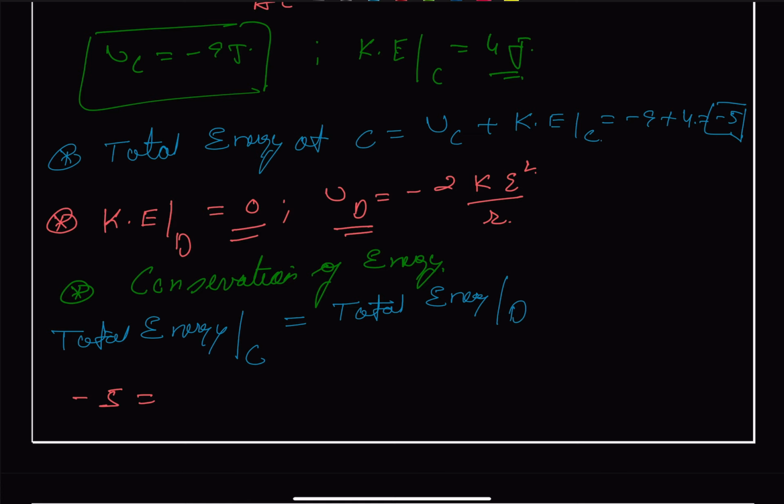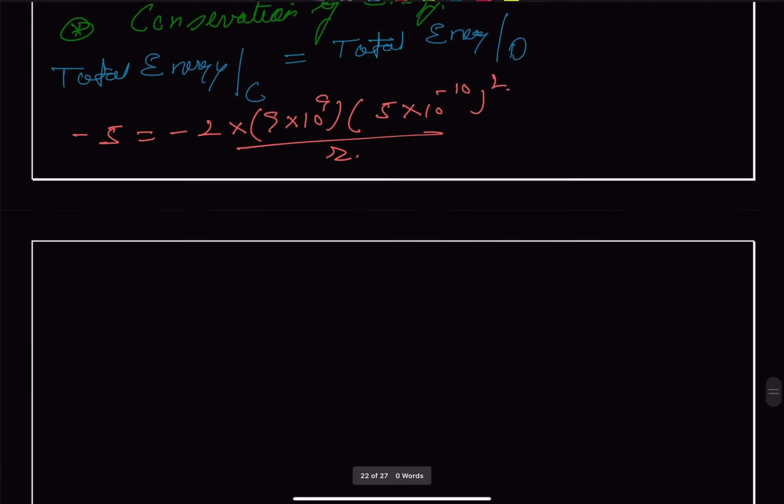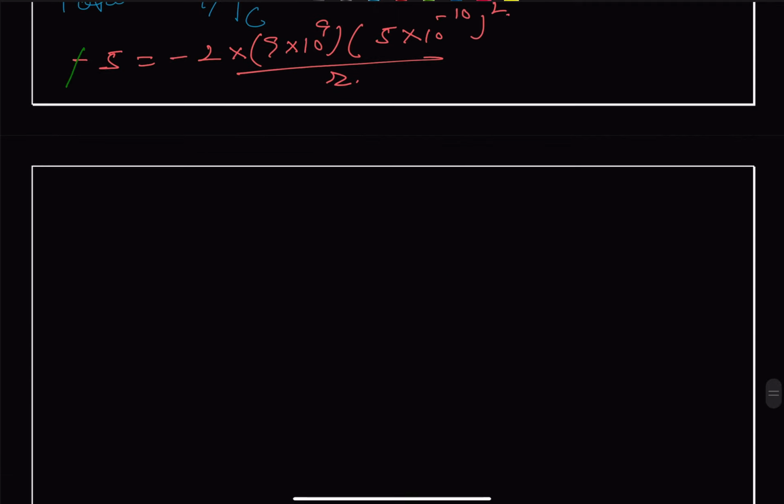So this comes as -2 K, we know K is 9 into 10 to the power 9, and charge is given to us as 5 into 10 to the power -10 whole square divided by R. And from here we can easily find the value of R. So this minus and minus goes away. So we get R will be equal to 2 into 9 into 10 to the power 9 multiplied by 25 into 10 to the power -20, and divided by 5.